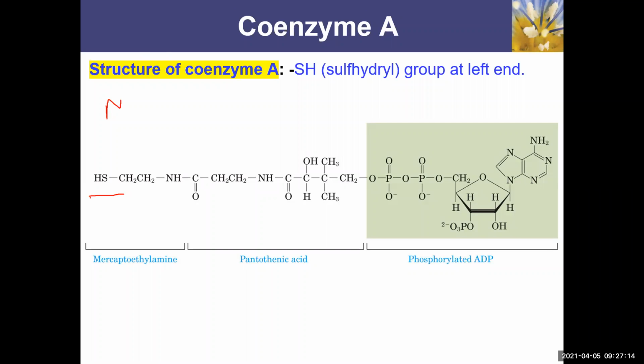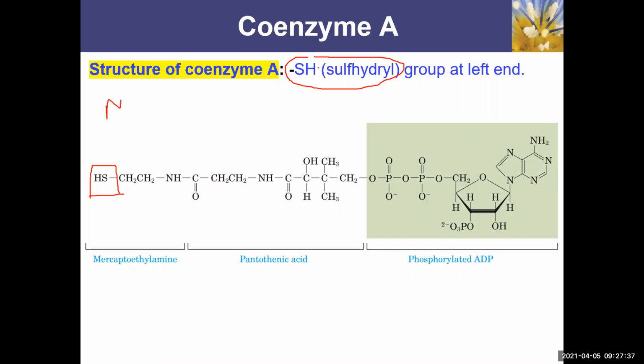You don't need to remember that they form thioesters. All you need to remember is what the active part of the coenzyme is, what makes it special. The speciality of the coenzyme is that it has a thiol group, or the sulfhydryl group. This is what makes coenzyme A special.